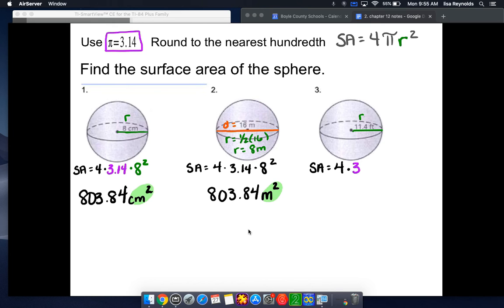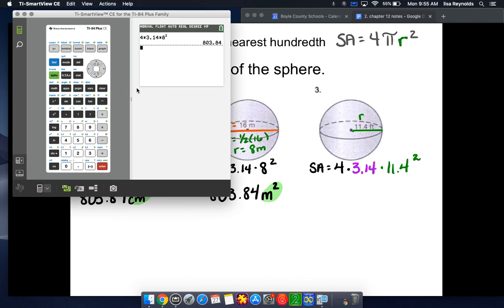Pi is 3.14 according to the directions, and we're going to multiply it by the radius of 11.4 squared. Once we put the numbers into the formula, we calculate. So 4 times our value of pi times our radius of 11.4 squared. 4 pi r squared for the surface area.